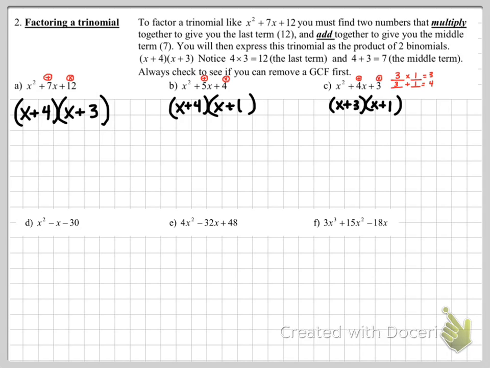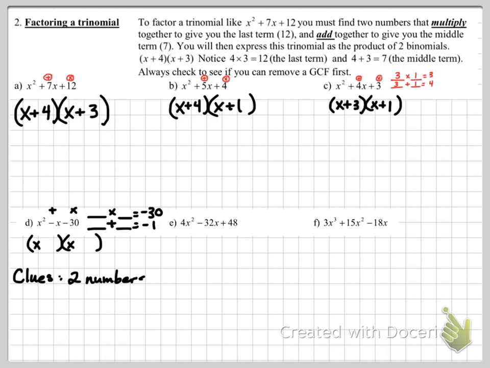Now they look more complicated, however there are many more clues for us to figure this out. Let's look at them. For two numbers that multiply together to give me negative 30 and add up to negative 1, here's what we can tell. Since two numbers multiply together to give me a negative 30, that means one has to be positive, one has to be negative.